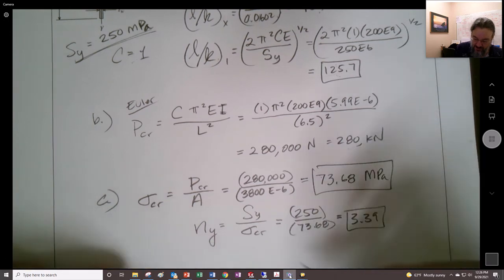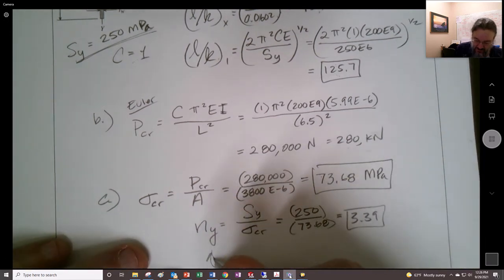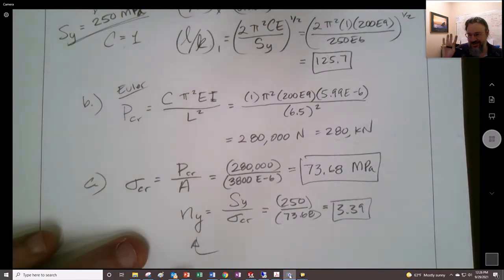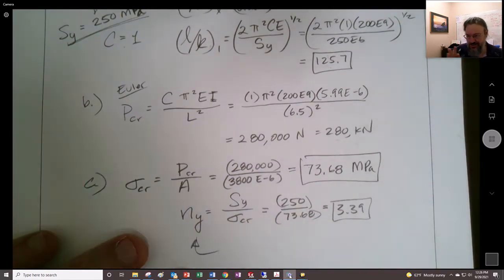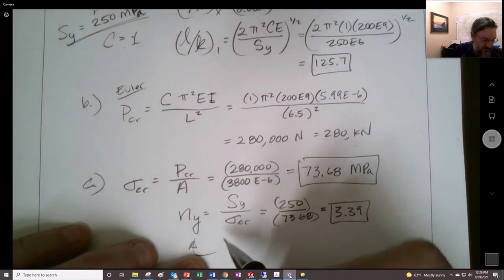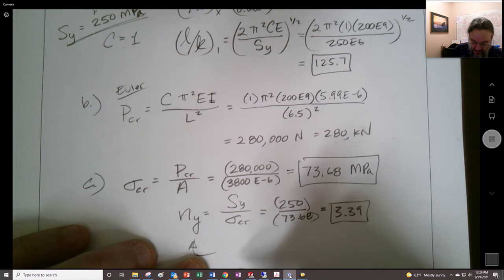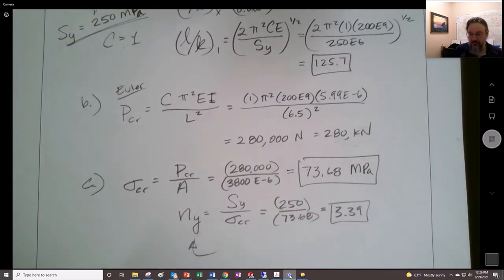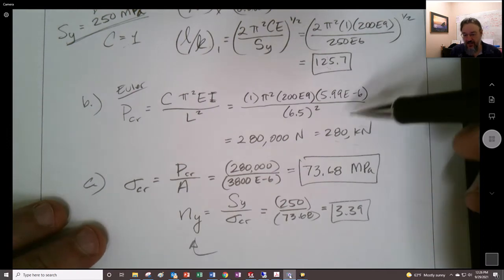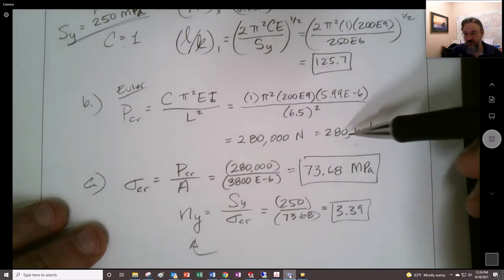Is the safety factor. In this case, it's not quite a safety factor. It's just a ratio, but it's similar to the yield strength safety factor, just to assess. It will fail in buckling according to this, and it actually will fail at a lower value than this.